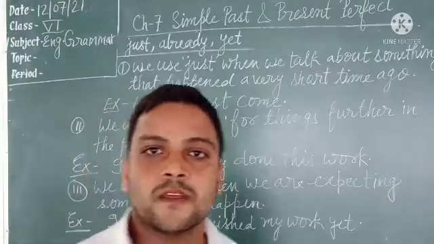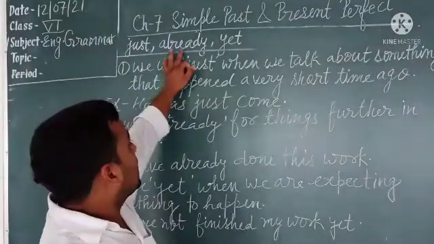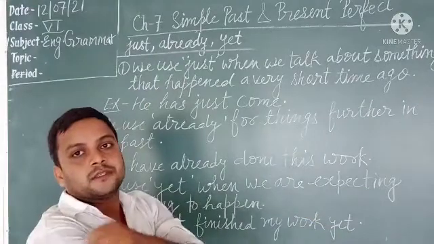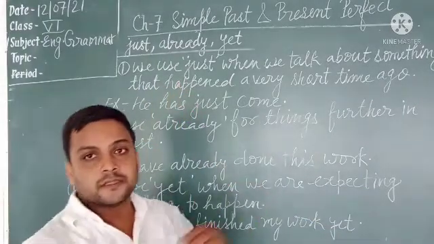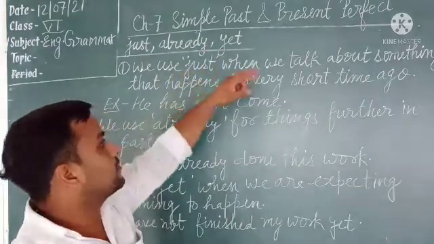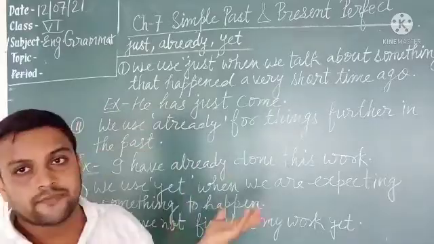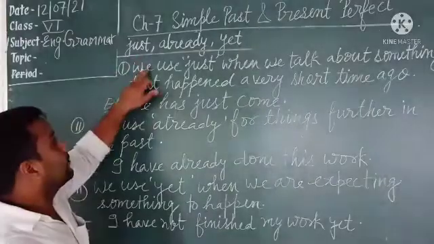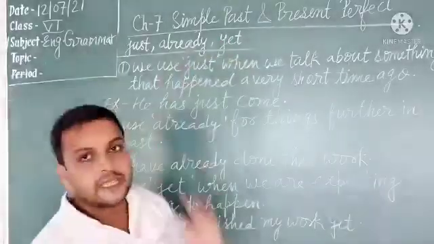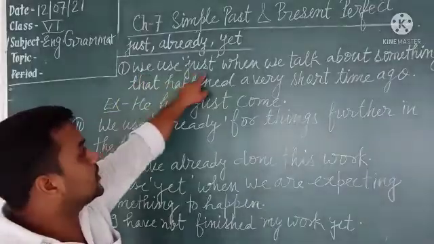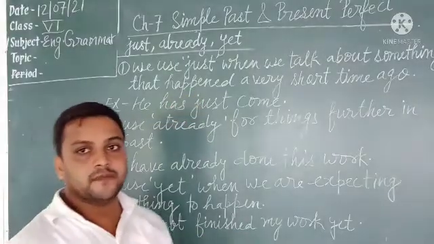Okay? Students, now see some other rules. Just, already, and yet are used in present perfect tense. These words are used in present perfect tense, but their uses are different. So now see where we use just, in which situation we use already, and where we use yet. We use just when we talk about something that happened a very short time ago.